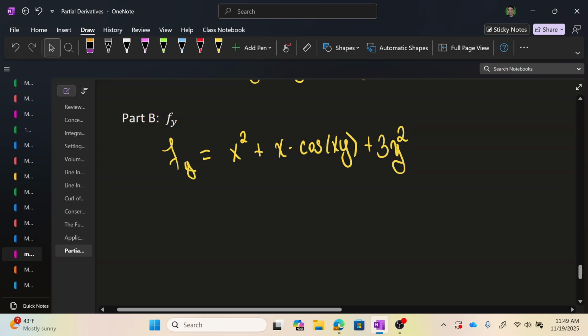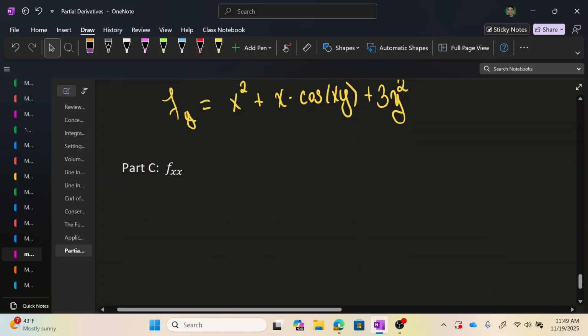Now, just like ordinary derivatives, these partial derivatives can be taken multiple times. So for example, I could ask for a second derivative, denoted here by f with a subscript of 2 x's, f sub xx.